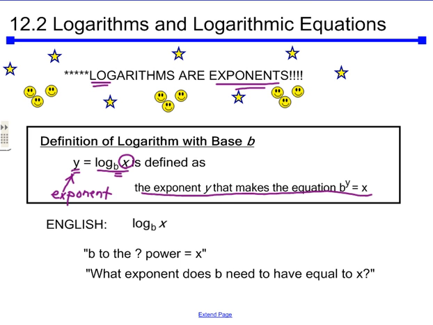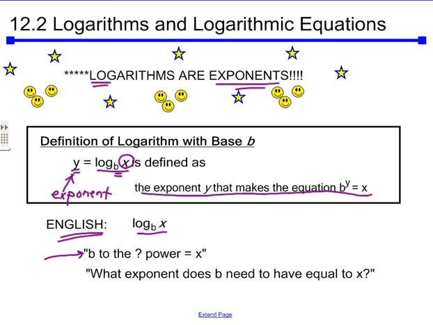This takes a little bit of thinking over and over again to understand what a log is. In basic English, if we have log base b of x, you ask yourself, b to the what power will equal x?